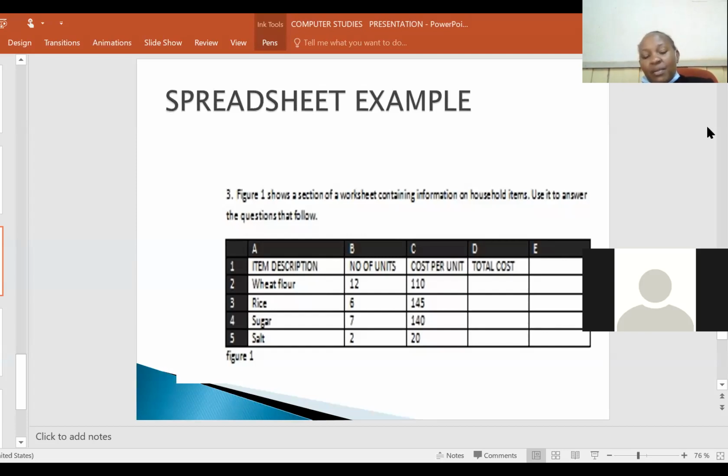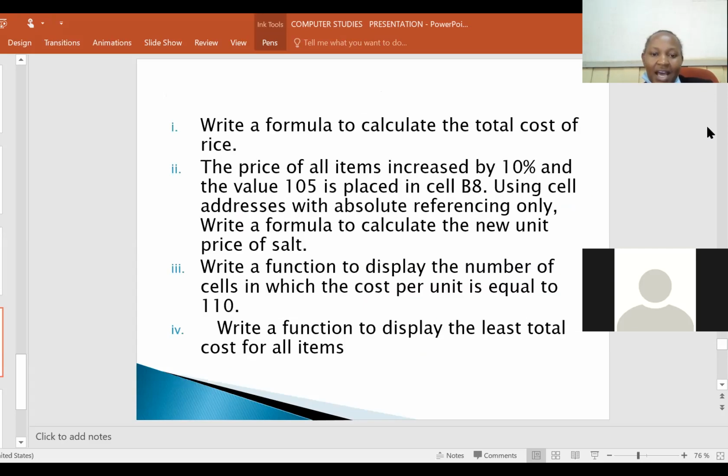Make sure that you remember that syntax is also important. If you don't enclose it in brackets, then at that point, you start missing the point. Then the same, if you are to write a formula, it will be =B3*C3, and at that point, you have your correct answer.